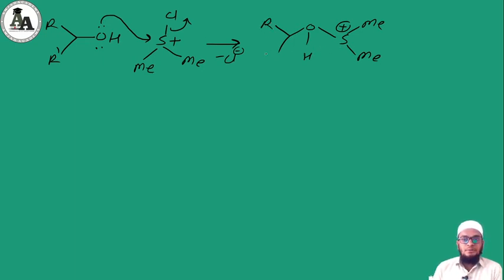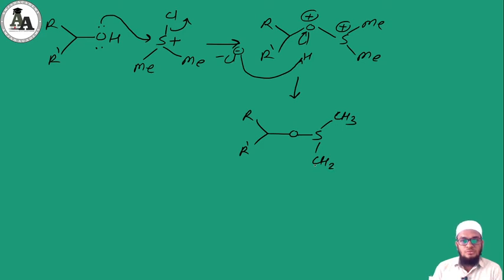So here R dash, this oxygen is in a positive charge, this chloride ion will come, will abstract this hydrogen, and this bond electron will shift over here. So here I have the remaining structure R dash, and then oxygen, then sulfur, and CH3, CH2H over here.